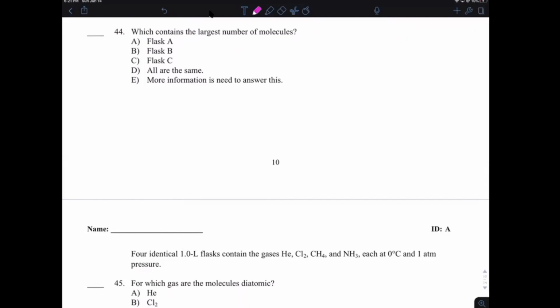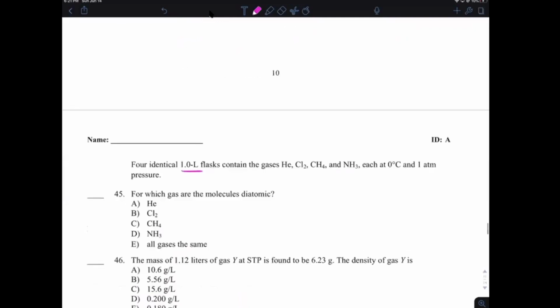I think this one would be D. The number of molecules is going to be the same because we have identical 1 liter flasks, which means we have the same number of moles of each thing, so we have the same number of molecules.